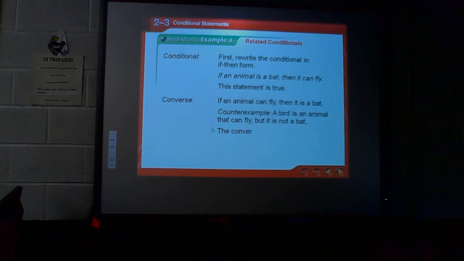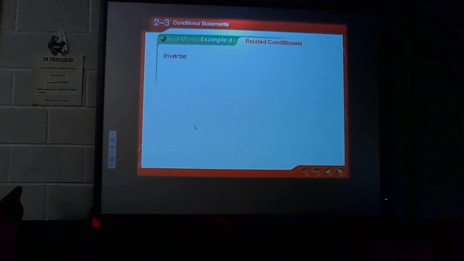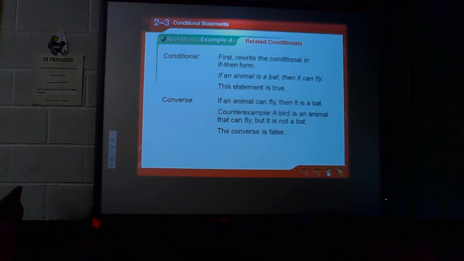From there, then, we talk about inverses. Now, in an inverse, remember, you want to automatically go back to your original statement. My original statement was, if an animal is a bat, then it can fly. I'm going to use that conditional, but I'm going to do the inverse to it now. So what does that mean?